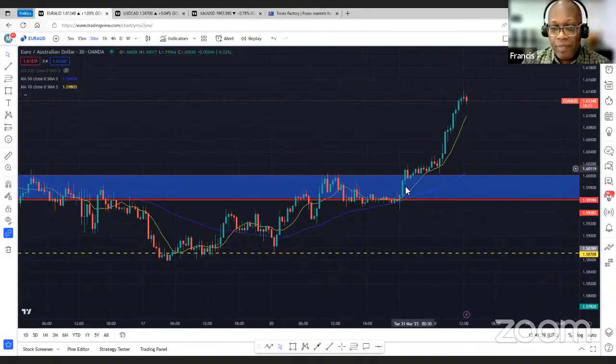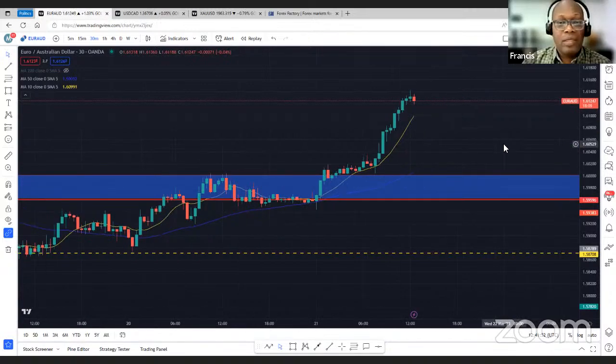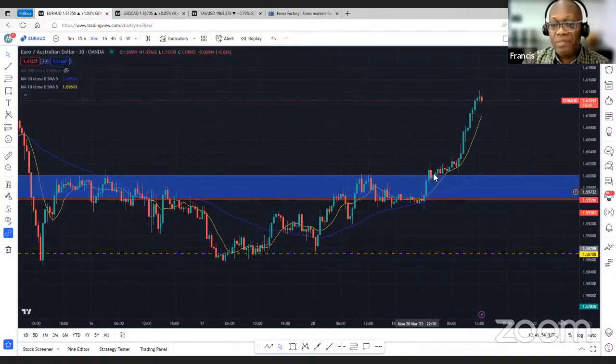So this zone here basically is the close of the market, the close and the high of yesterday's market, and we can see the price has moved up like so. Because of this move, I really would be waiting for a pullback. That's going to be the best way to approach this.